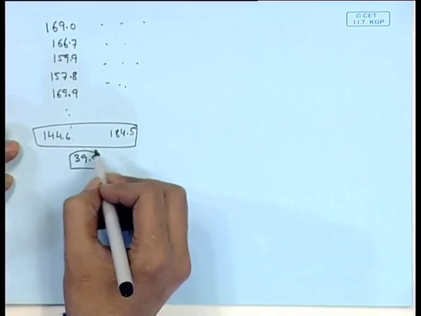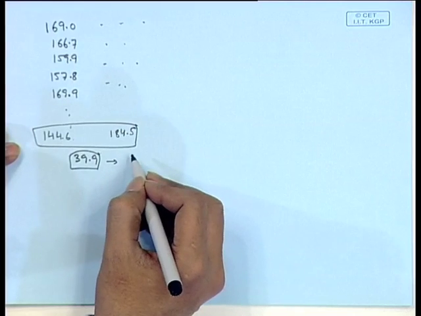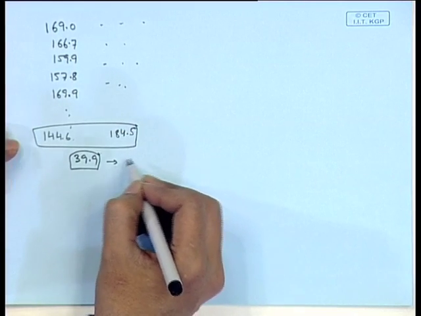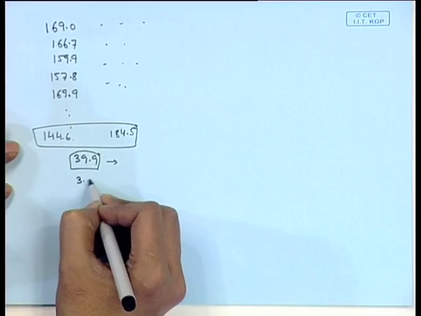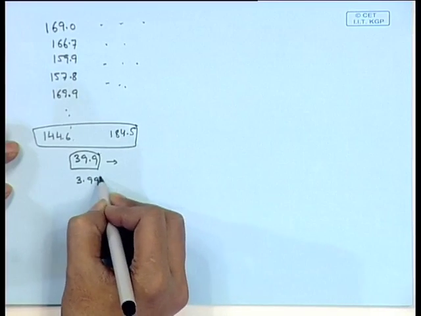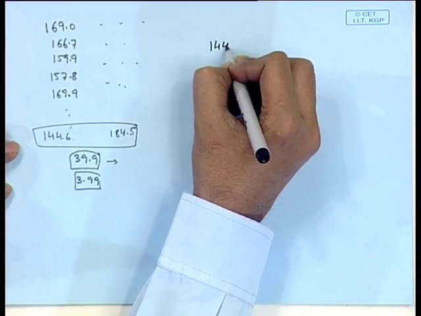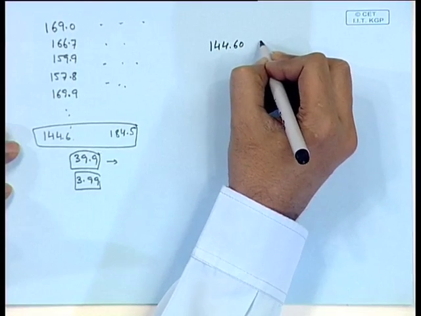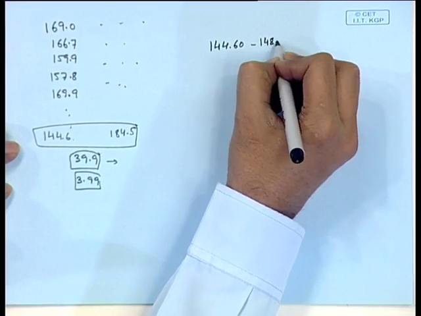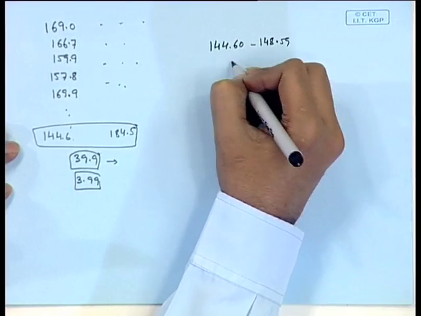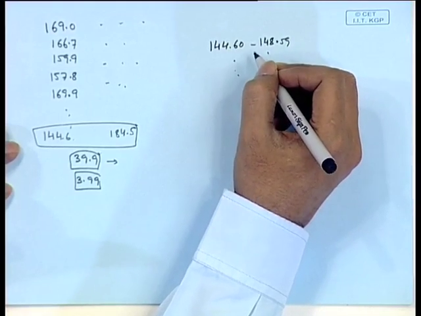However, if we are very strict, we can look at only this difference and divide it into, say, 6 classes or 5 classes. Now, if I divide it into, say, 10 classes, then each class will be of the length 3.99 centimeter. That means, my class intervals will be like 144.60 to 148.59 and so on.